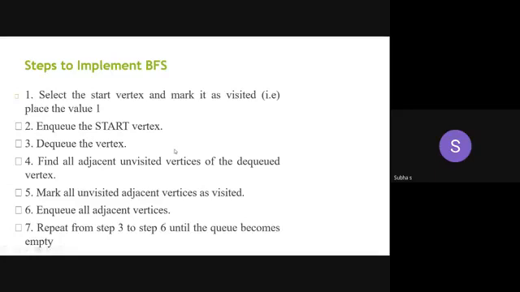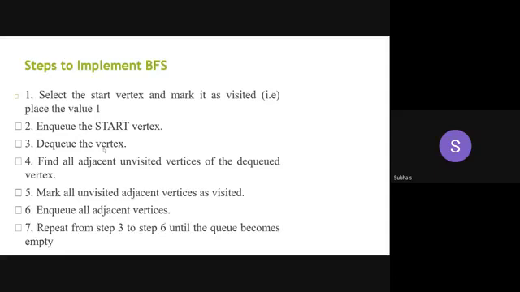Then we come to this one, or you just have a glance at it. Enqueue the start vertex. Enqueue means what? Inserting, adding the element into the queue. Initially, you are having an empty queue. You are enqueuing the start vertex. Then you have to dequeue. Why? To find the adjacent vertices of that particular vertex.